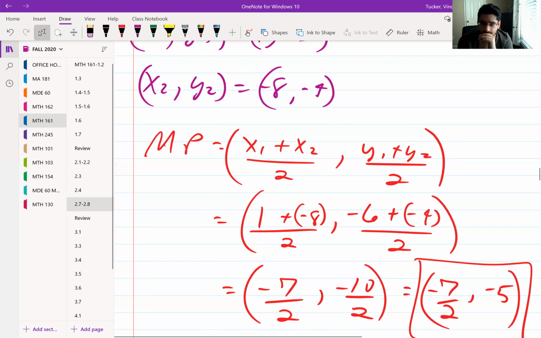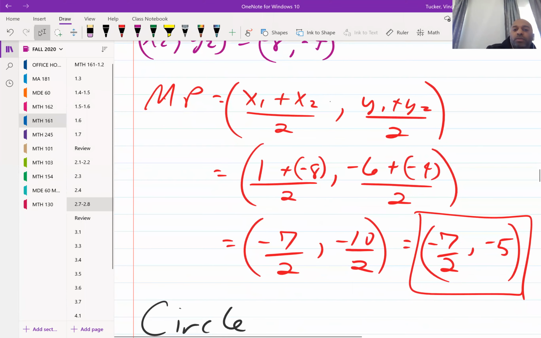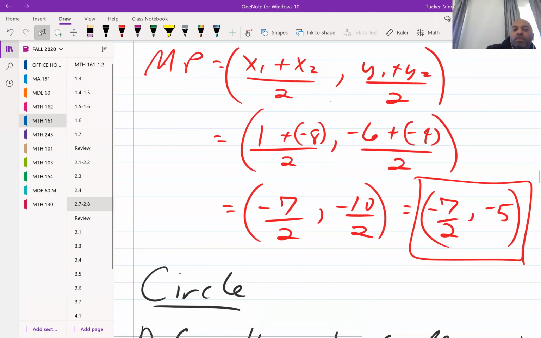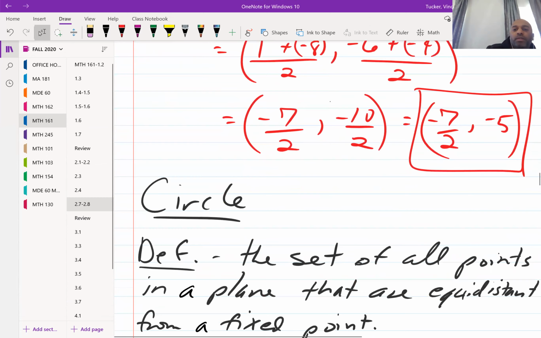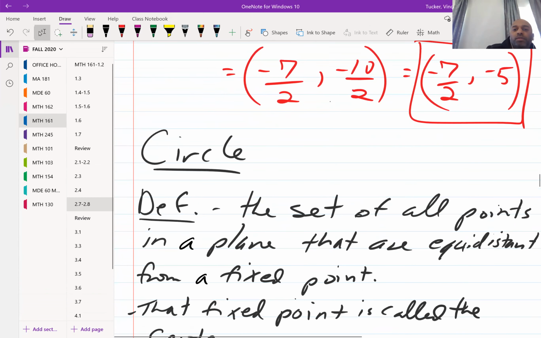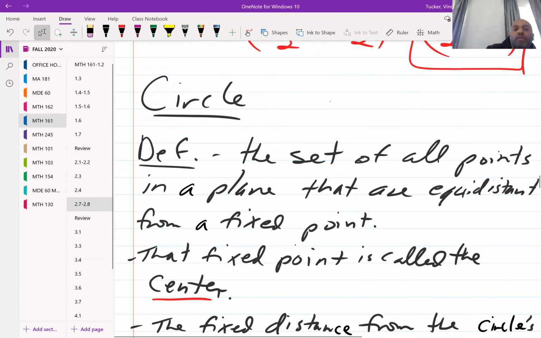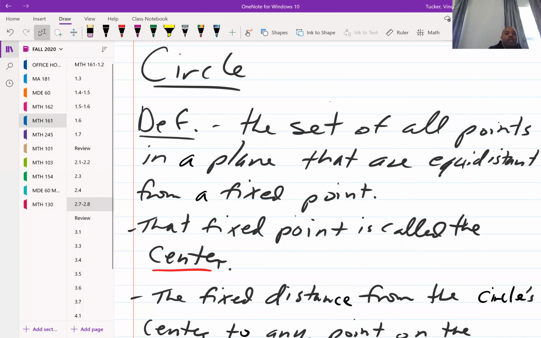All right. Problems with midpoint before we look at circles. Everybody good with the red? All right, circle. Definition: the set of all points in a plane that are equidistant from a fixed point.